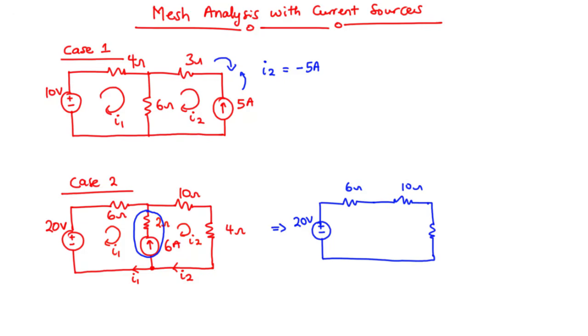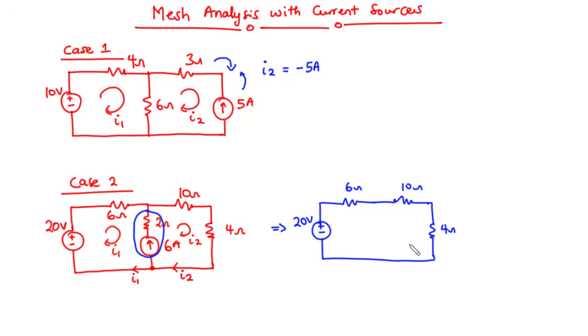So by drawing the supermesh, we exclude the branch in between the two meshes, the branch which is made up of the current source in series with any other element. So this new diagram is called the supermesh.